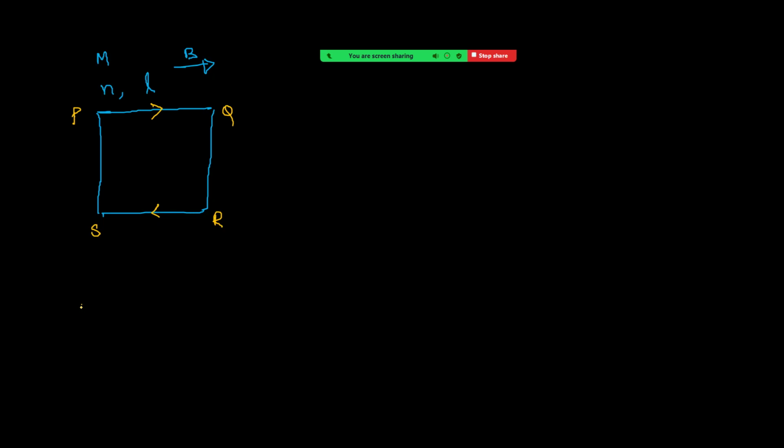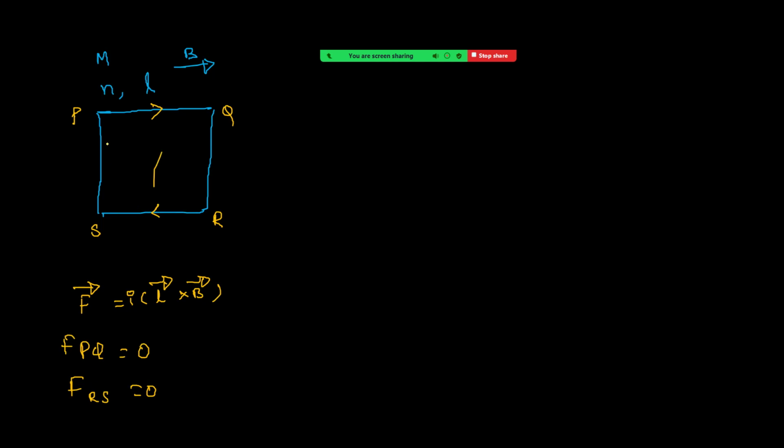Because we know that magnetic force on a current carrying wire is equal to I into L bar cross B bar. Right? So here between L bar and B bar angle is 0. That's why on PQ no force is acting. On PQ force is 0. In the same way on RS force will be 0 because angle is now 180. Okay. So on these two no force acts.